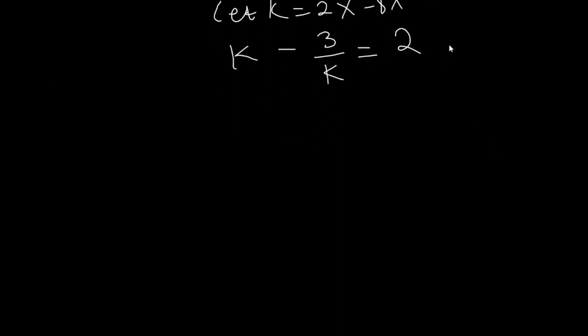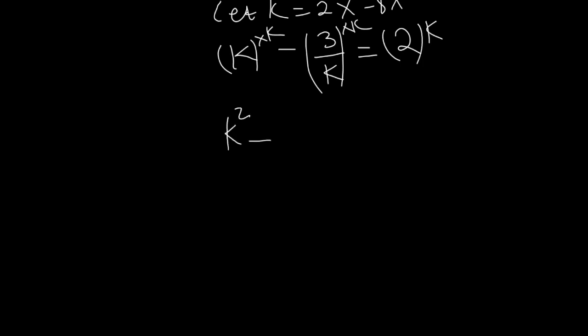Right here we multiply every term by k, the first by k, this by k, that by k. So you receive k squared minus 3, because this and that cancel, is equal to 2k.